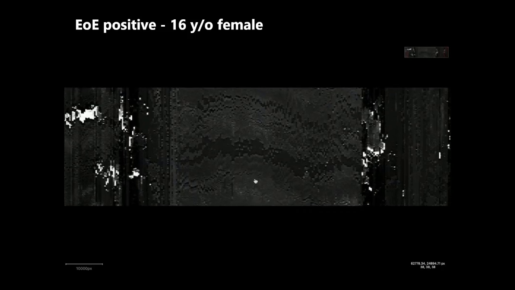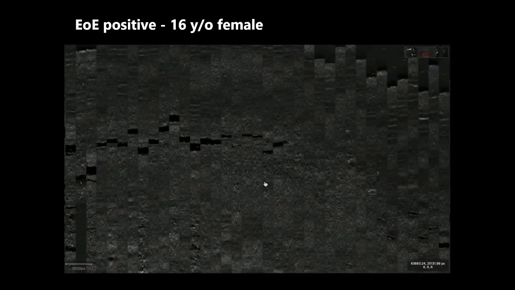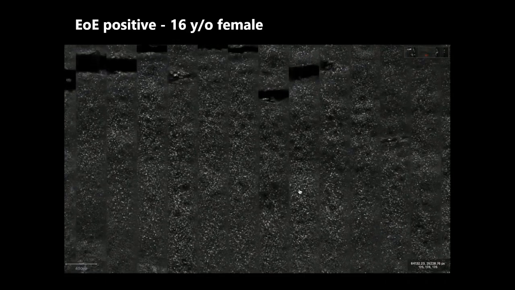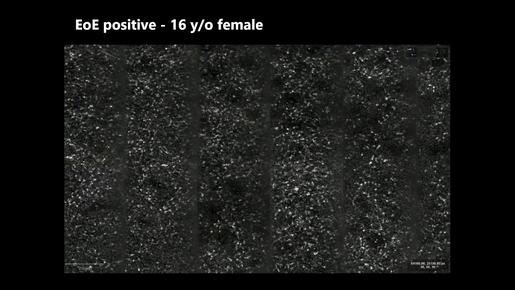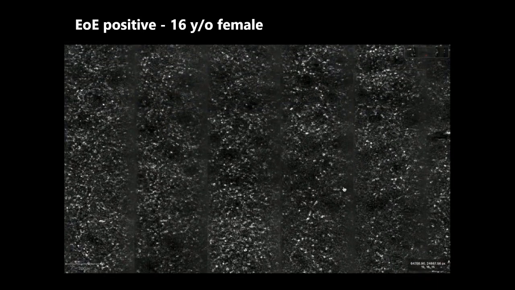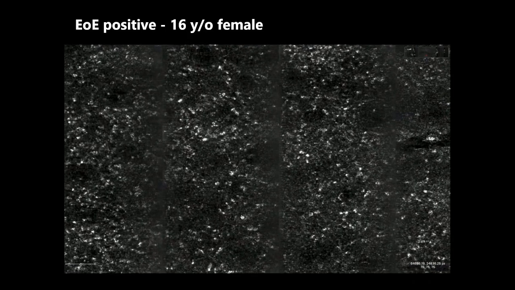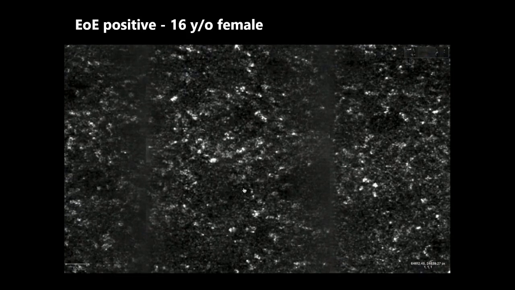But in this patient who's positive, as you zoom down in, you can actually start to see those white dots showing that she's got active inflammation in her esophagus. And again, these patients don't need to be sedated. They don't need to lose a day of school. And we can easily help ease the burden of diagnosing EOE in these patients.